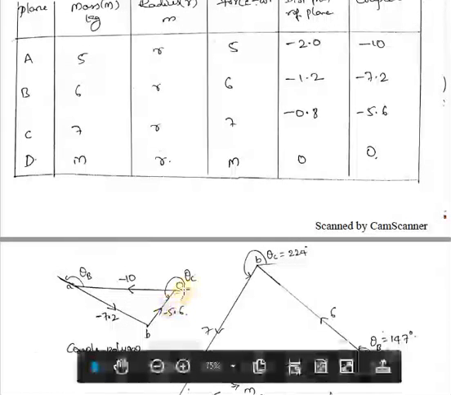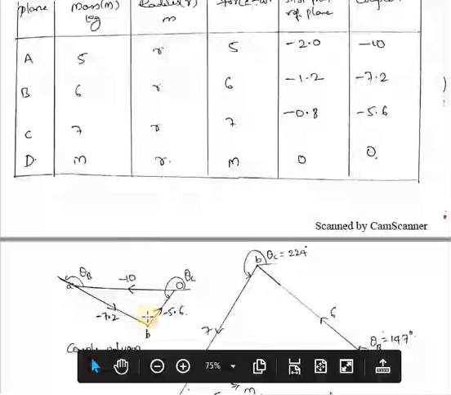So we'll start from O. O to A should be in magnitude 10 and the direction should be opposite because it is minus 10. Then we don't know the angular position for the remaining two masses, but we know the magnitudes as 7.2 and 5.6. So now take this A as center point and 7.2 as radius.